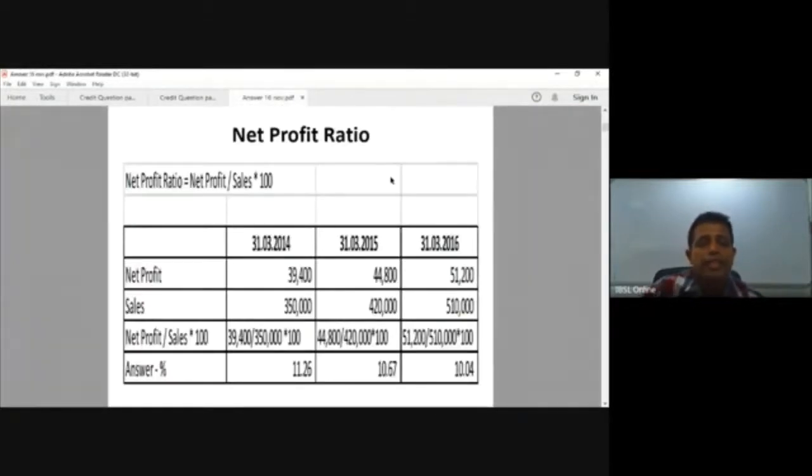And divided it by sales again, or the turnover, right? Then the answers will be 11.26%, 10.67%, 10.04%, right? It's almost 10, 11%, right? In 2016, there is a decline in trend, but it's almost 11% to 10%.